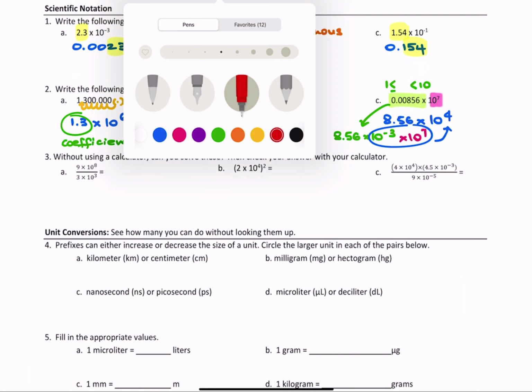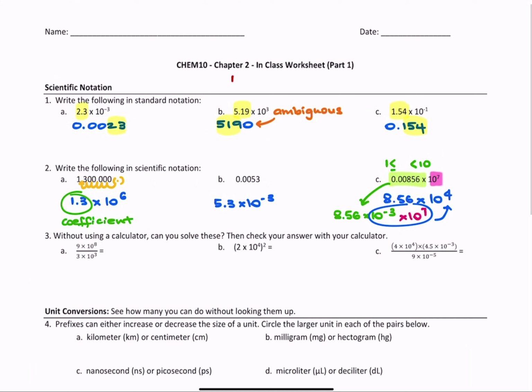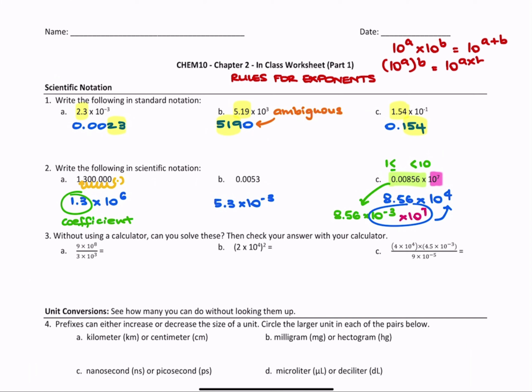Remember your rules for the exponents? So what are they? 10 to the power a times 10 to the power b is 10 to the power a plus b. 10 to the power a, to the power b, is 10 to the power a times b. 10 to the power a over 10 to the power b is 10 to the power a minus b.